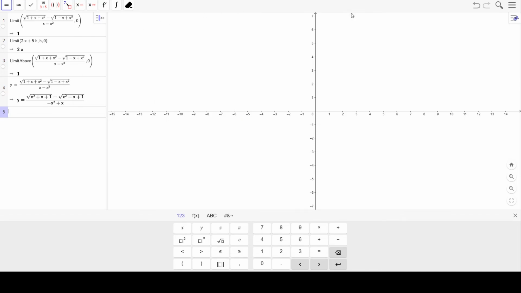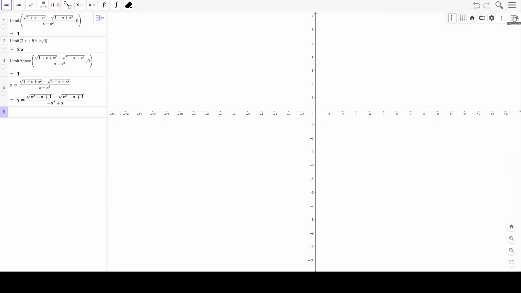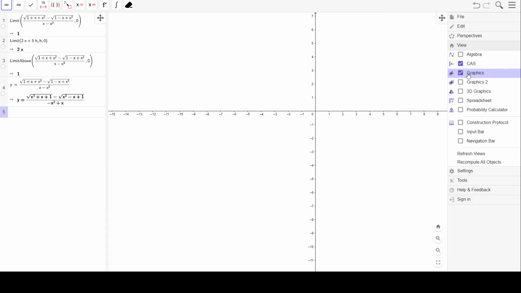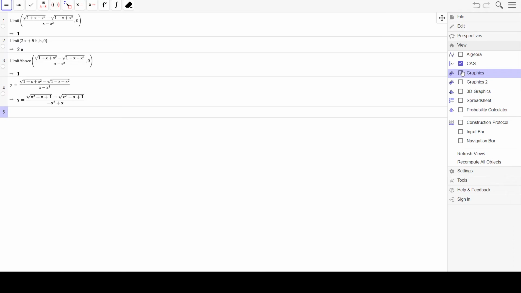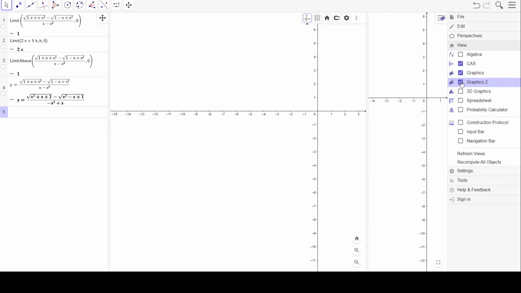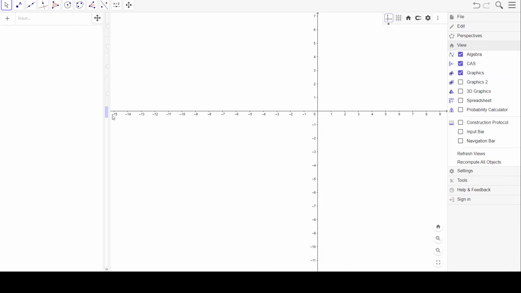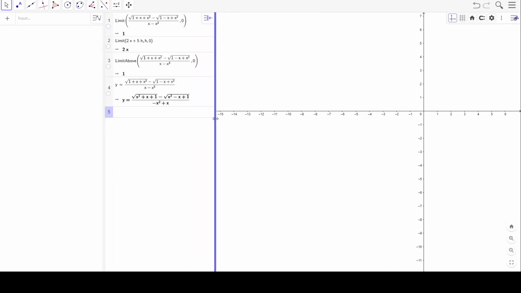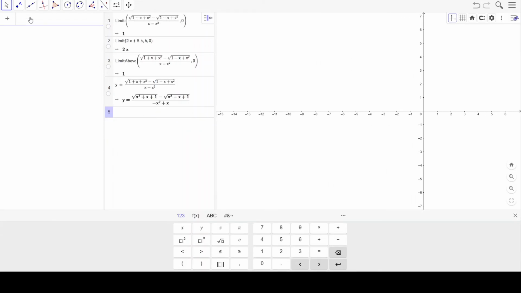I should go to graph, maybe in algebra. Let me put algebra here. It's f, y equals Control V. Yeah, that's the graph.